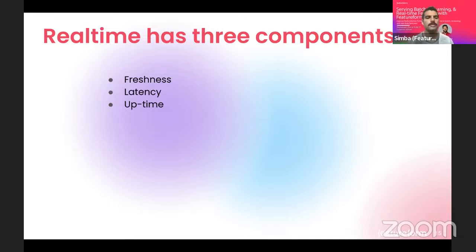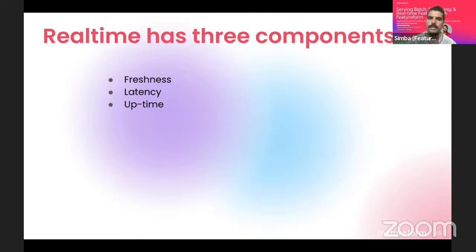And then the final piece of it is the uptime. When people say, oh, this model is real time, sometimes they are using all batch features, so relatively stale features. They might actually not be in a situation like a recommender system where they have a really low latency requirement.